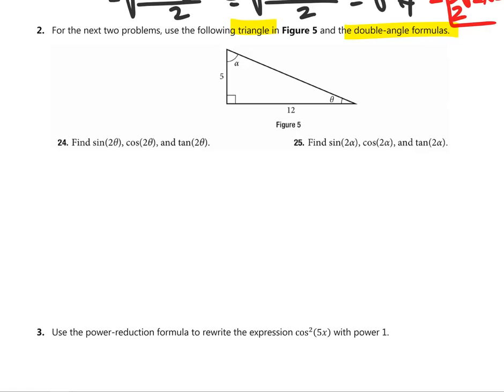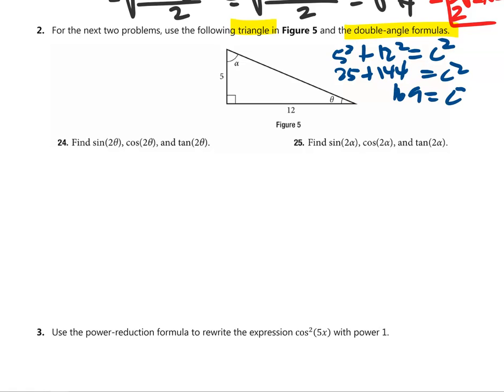So that is 5 squared plus 12 squared is equal to c squared. 144 plus 25 is 169. C squared, square root both sides, so c is equal to 13. So this is 13. Now we want to find number 24, sine 2 theta, cosine 2 theta, and tangent 2 theta.